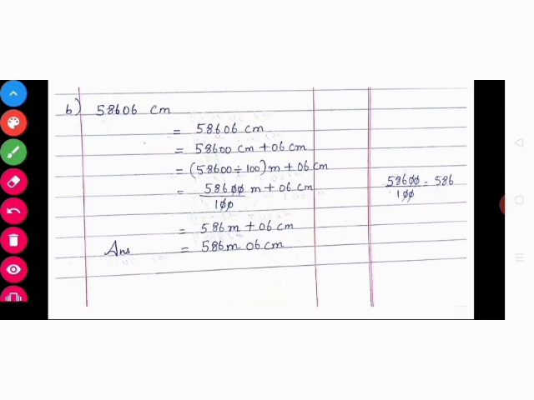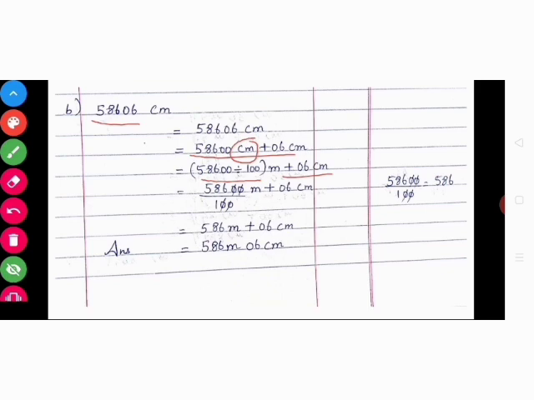Look at another example. 606 centimeter. So you want to split and write 600 centimeter plus 6 centimeter. So this term you want to convert into meter. What do you want to do? Divide by 100. 600 divided by 100 plus 6 centimeter.